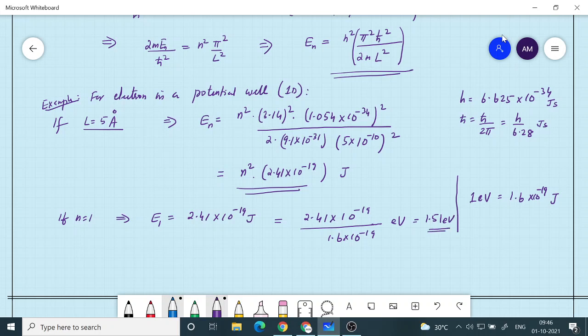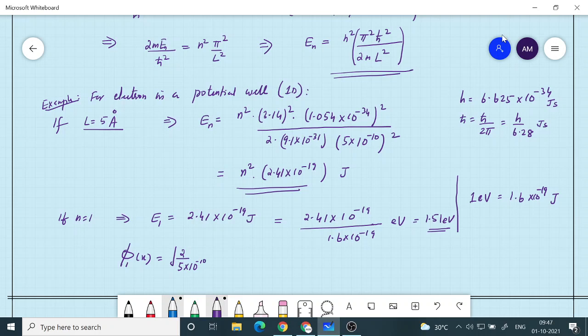The energy of the electron in the eigenstate. So what is the eigenstate here? The eigenstate is phi1 of x, and that is 2 by L, where L is 5 Armstrong.